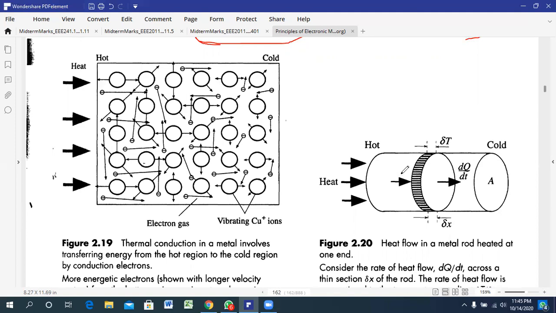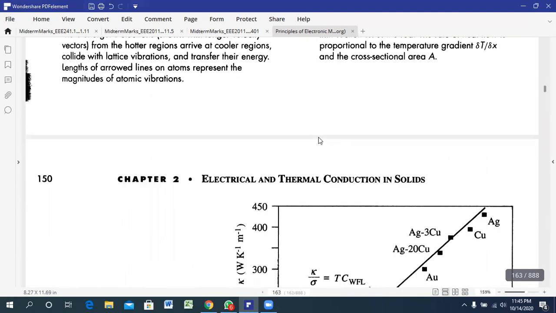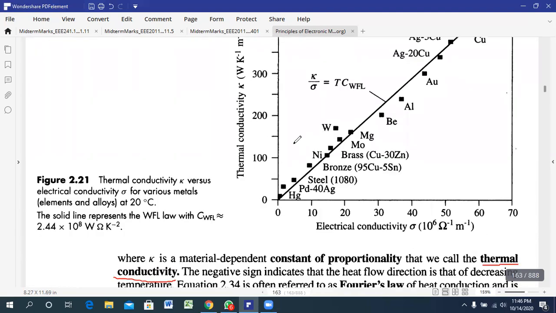So if this is the first position, this is due to the rate of heat change, from the hotter side to the cold side. Now, this one is a figure of electrical conductivity versus thermal conductivity for various materials. So we will learn these things later on.